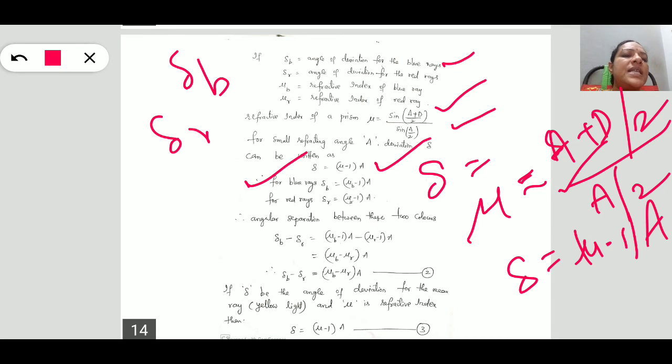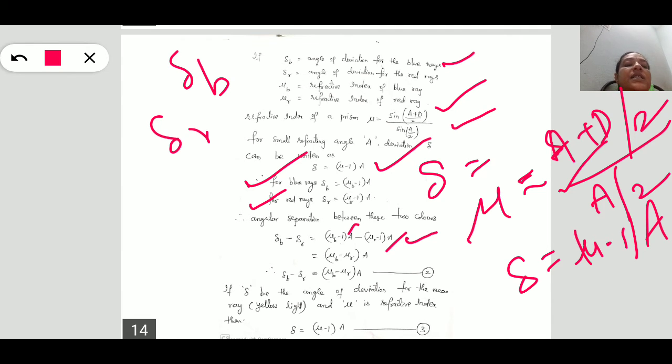For blue rays, delta B is equal to (mu B minus 1) into A. Similarly, for red rays, delta R is equal to (mu R minus 1) into A. Therefore, the angular separation is nothing but the difference between these deviations, that is delta B minus delta R equals (mu B minus 1) into A minus (mu R minus 1) into A. By canceling, we get (mu B minus mu R) into A, or delta B minus delta R is equal to (mu B minus mu R) into A. Say this is the second equation.